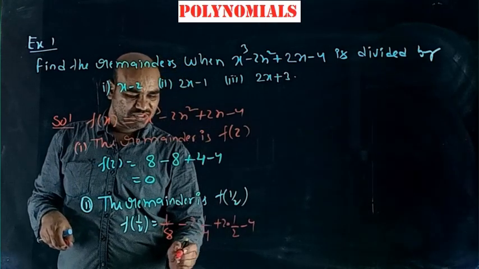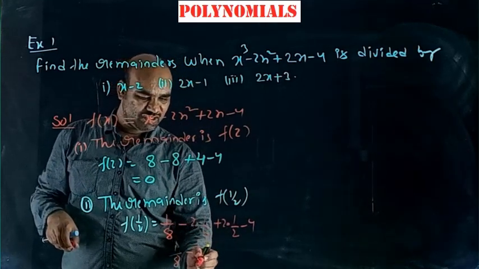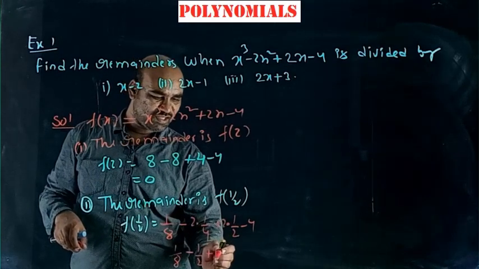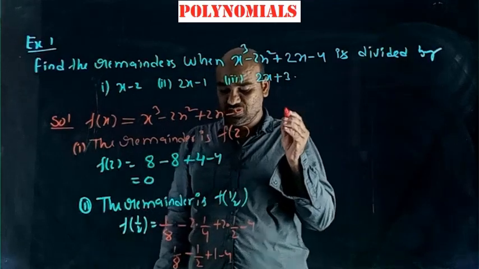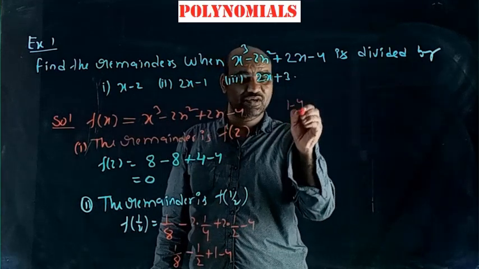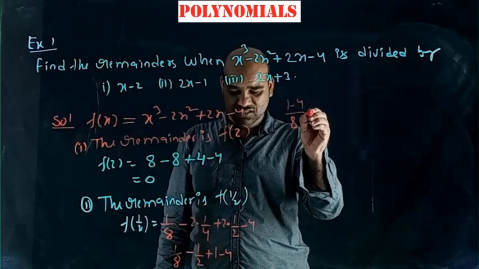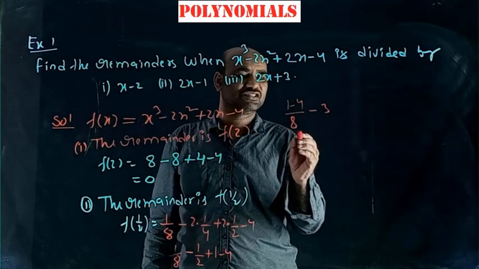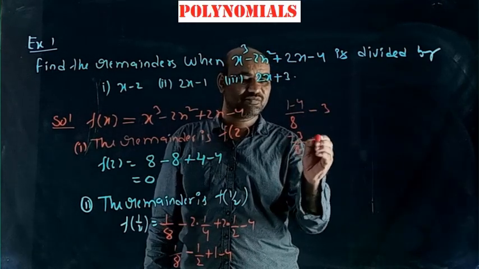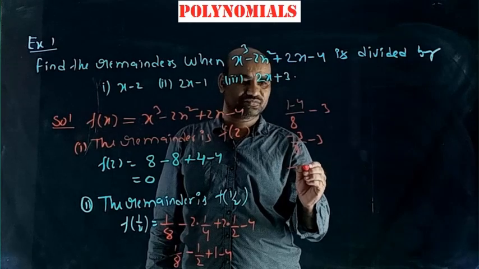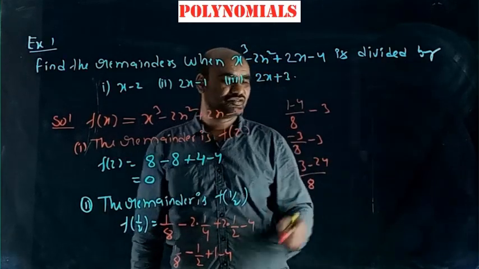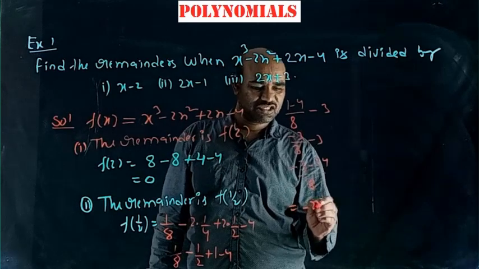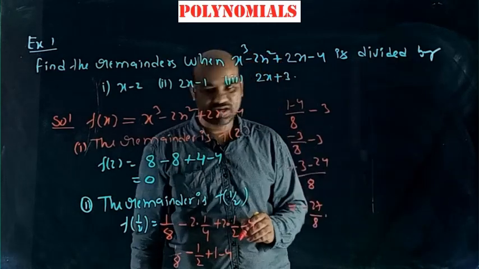So 1 by 8 minus 1 by 2 plus 1 minus 4. Which is same as, here 8 LCM, 1 minus 4 by 8, okay, minus 3, which is same as minus 3 by 8 minus 3, or minus 3 minus 24 by 8, which is same as minus 27 by 8. This is the remainder.